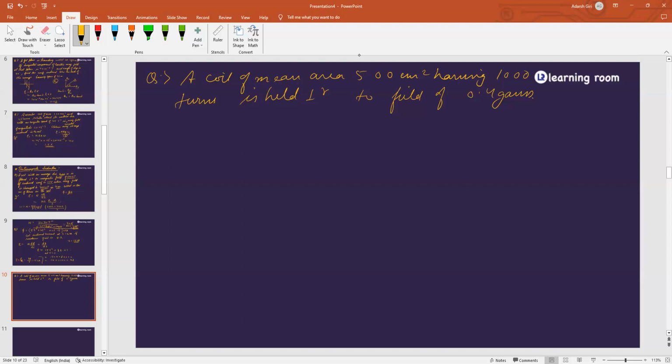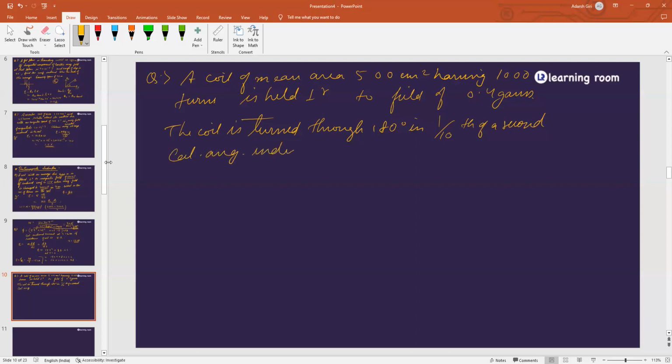The coil is turned through 180 degrees in 1/10th of a second. Calculate the average induced EMF. But can you tell me what is Gauss?